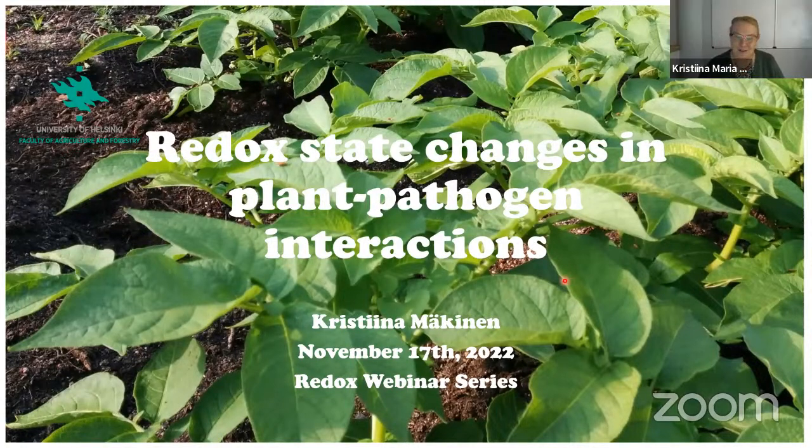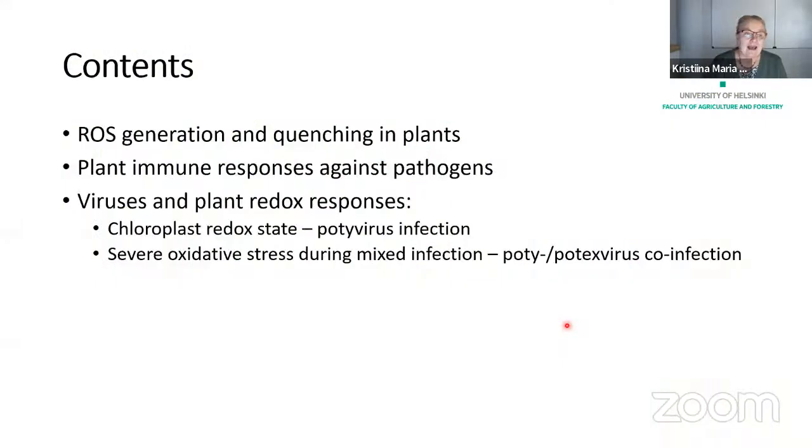Thank you for the introduction, and it's my great pleasure to speak today about the redox state changes in plant pathogen interactions. Here we have a nice view from the previous summer and from my potato field. What I'm going to talk about today is first a short introduction to ROS generation and quenching in plants, and then the plant immune responses against pathogens.